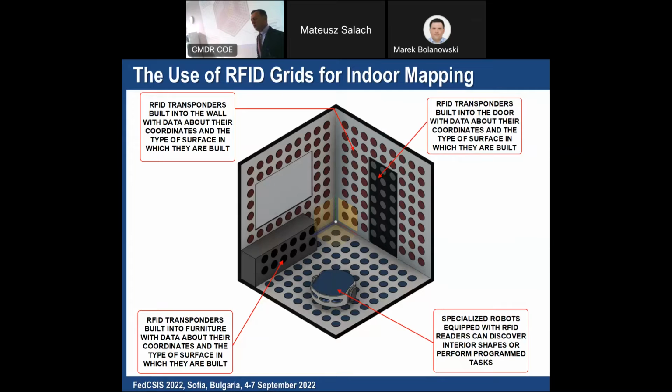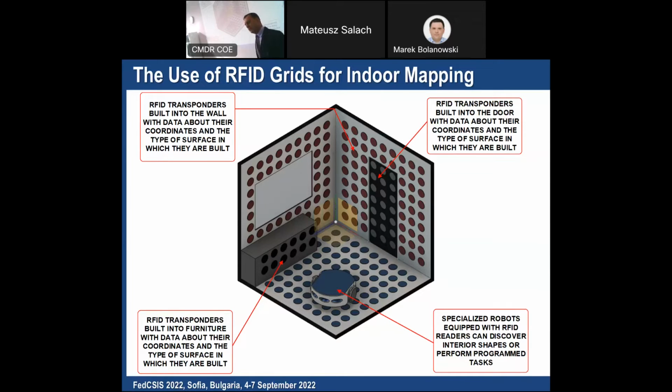But here we are talking about mapping. Mapping, in our terms, means exploring the area, the space. The robot explores the space and uses information already stored in the transponders.